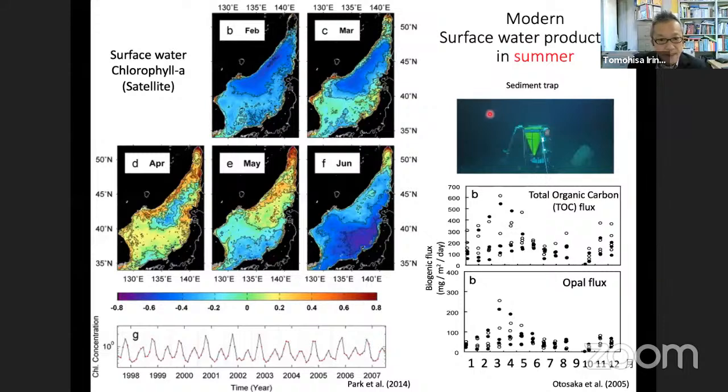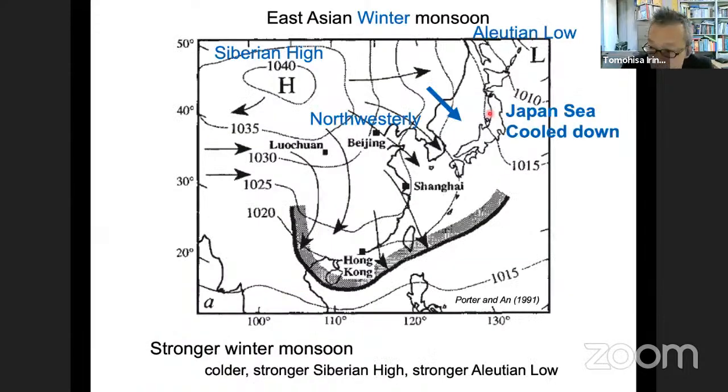And in the winter season, the Eastern marginal sea is cooled down very severely.